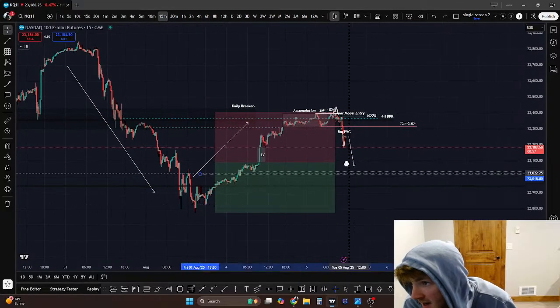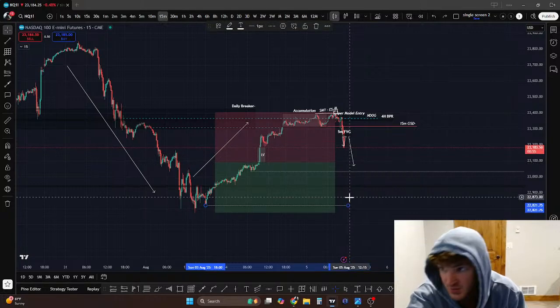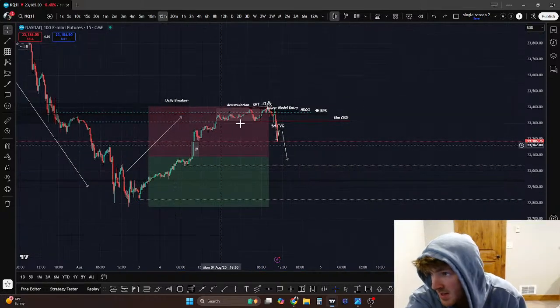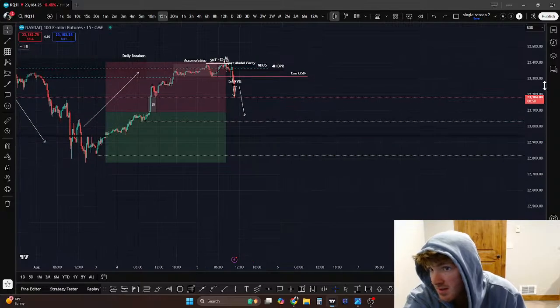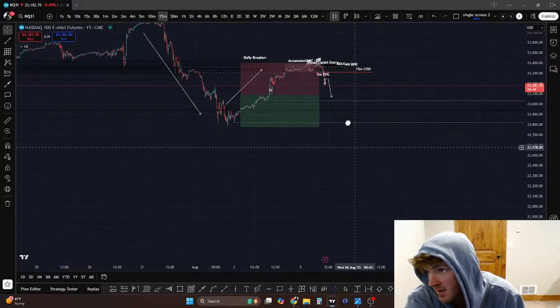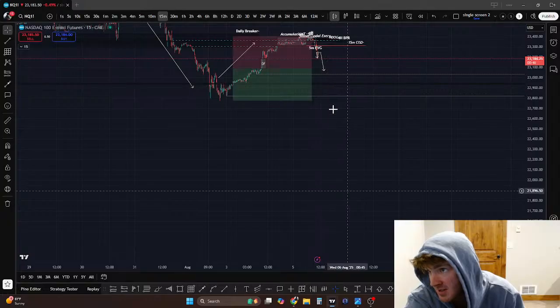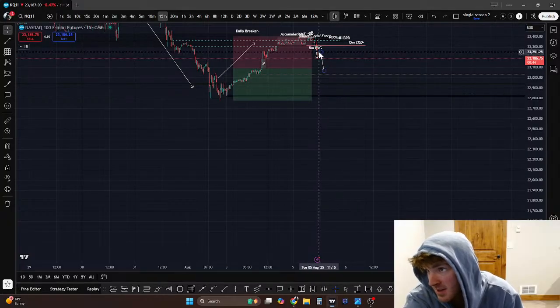To be honest, I think that we're gonna have a really bearish week now, because Monday manipulation, Tuesday starting to expand. I could see Tuesday, Wednesday, Thursday expanding to the downside at this point.